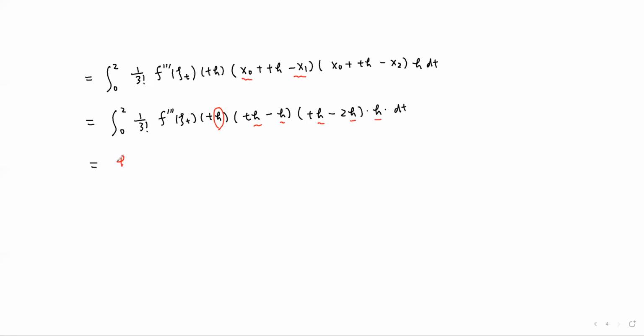So h to the fourth over 6, right? 3 factorial is 6. And then the integral from 0 to 2 of f's derivative at psi of t, and here h is out, so t times (t minus 1)(t minus 2) dt.